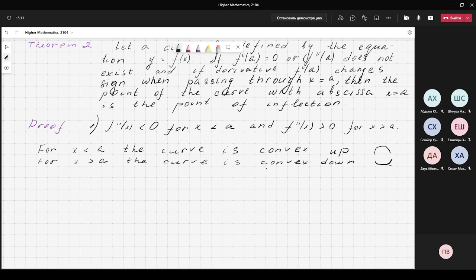Hence, the point A of the curve with abscissa x is a is the point of inflection.